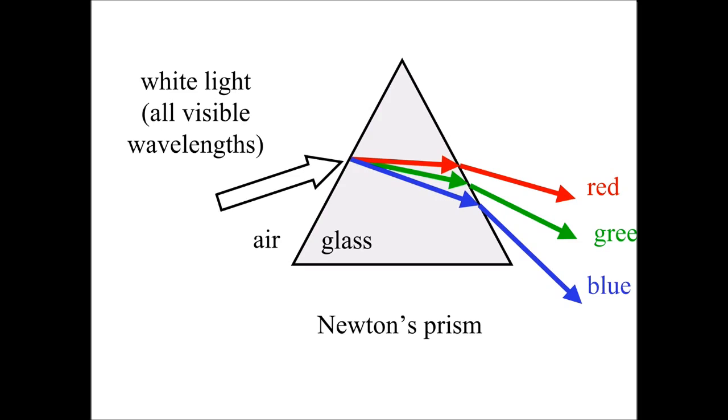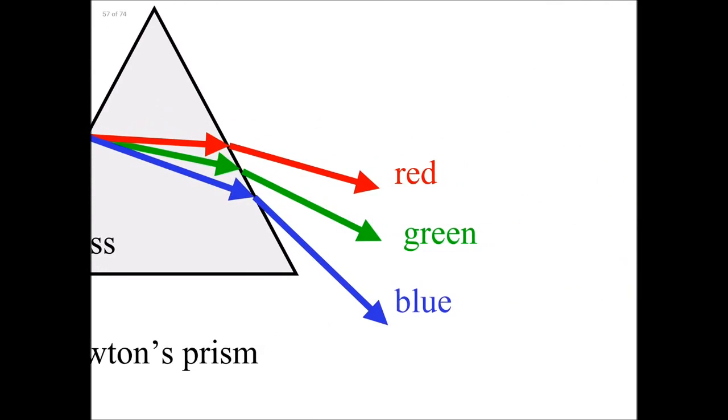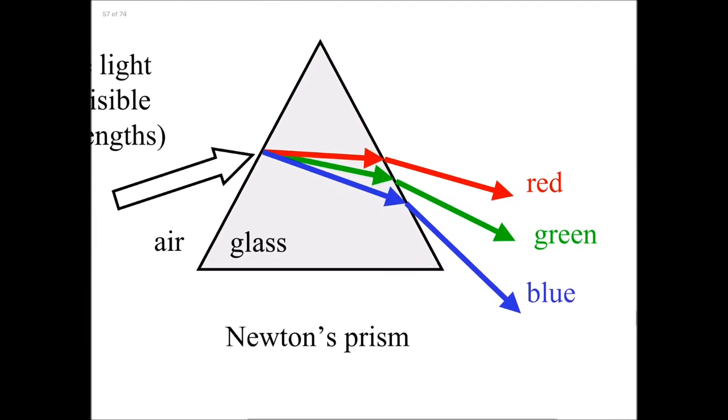So when the light rays come out on the other side, the white light is split up into all the different colors that compose it. This is called Newton's prism because Newton is credited with being the first person to observe this phenomenon at work.